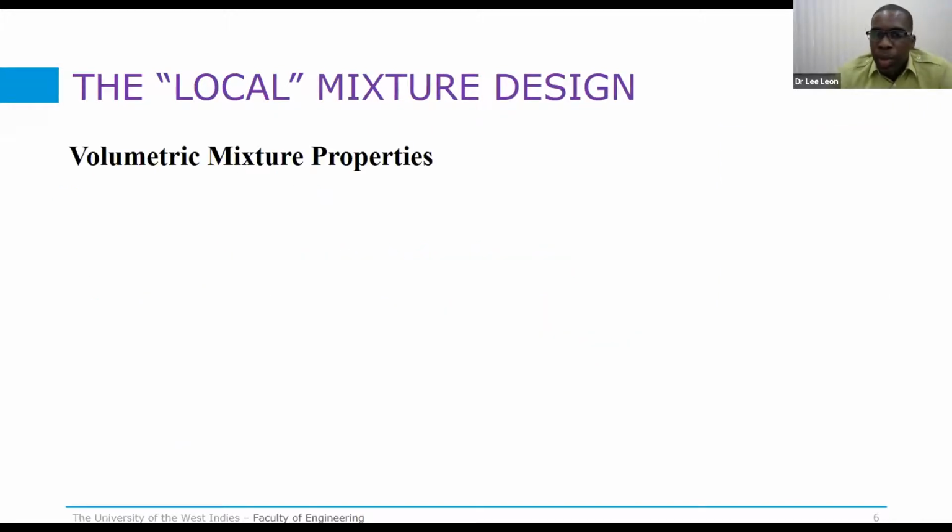Now, locally, many of our design methodologies for asphalt mixtures consider volumetric properties and strength characteristics of the mixtures, which may not provide adequate insight into the mix performance.